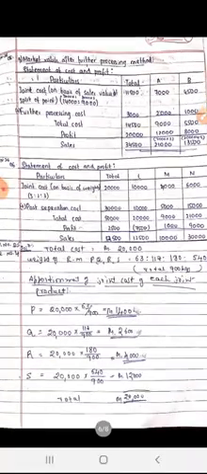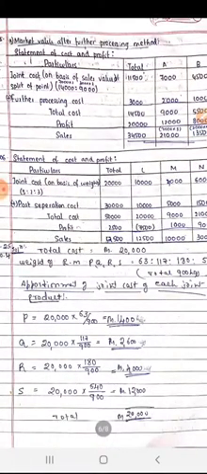Now here we have to consider the split off point price per unit, because it is given in the problem that joint cost is apportioned in the ratio of the sales value at the split off point.